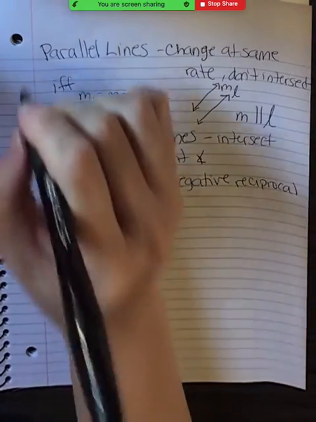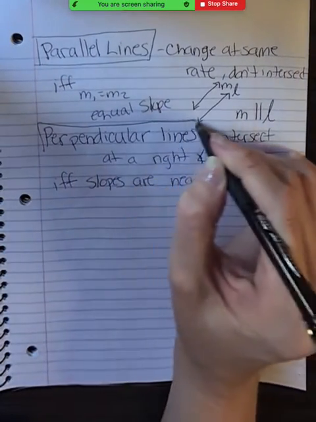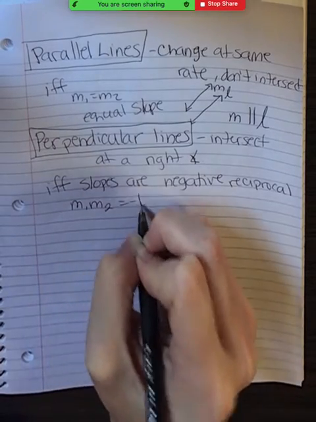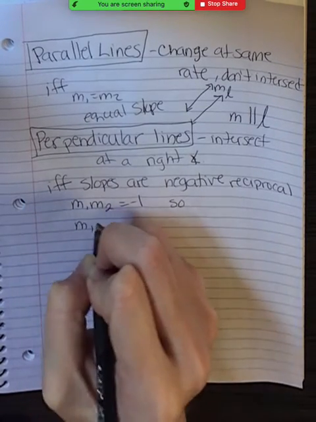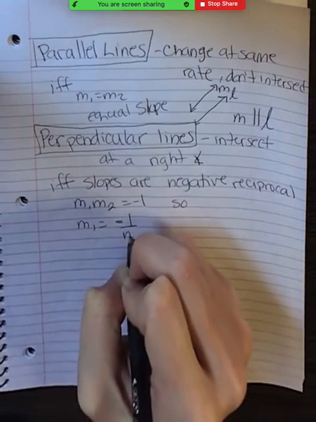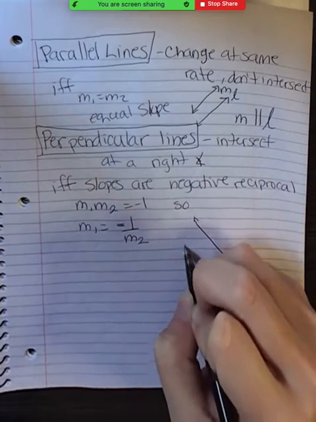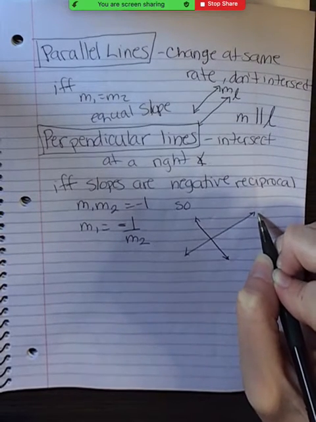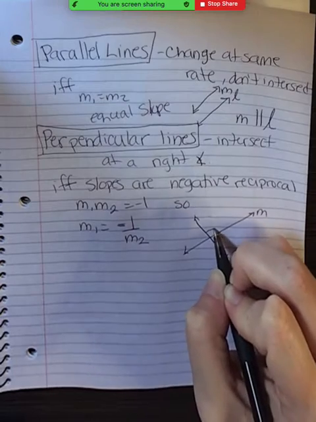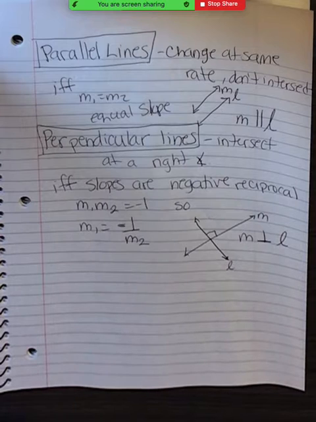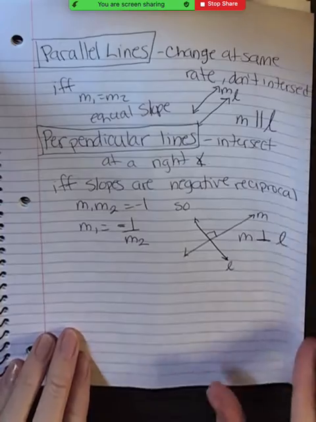Because with perpendicular lines, what you're looking for is the product of their slopes to equal -1. So the slope of one is the negative reciprocal of the other. So we say that M is perpendicular to L. It's an upside down T. Okay, so those are all of our definitions.